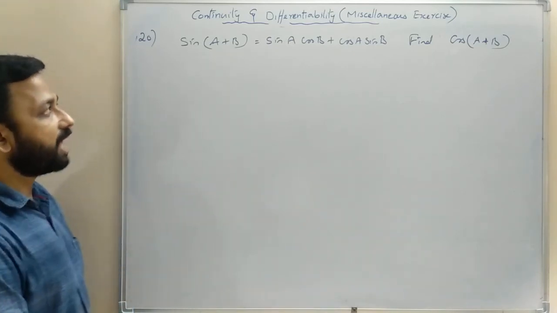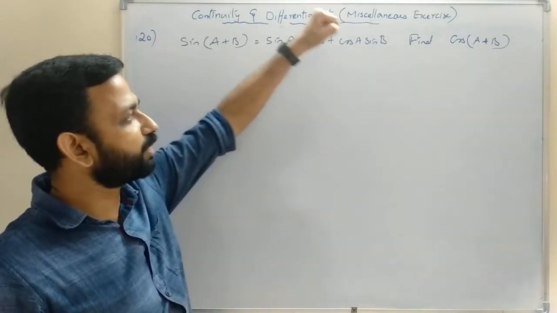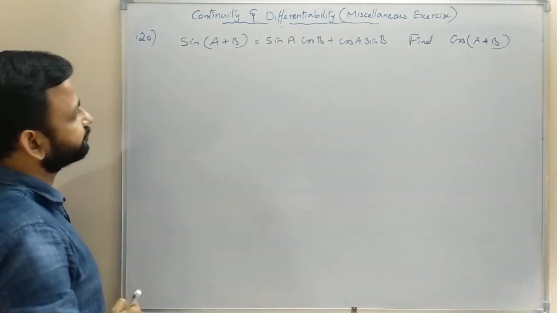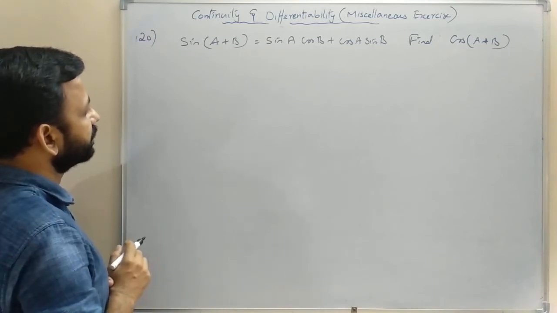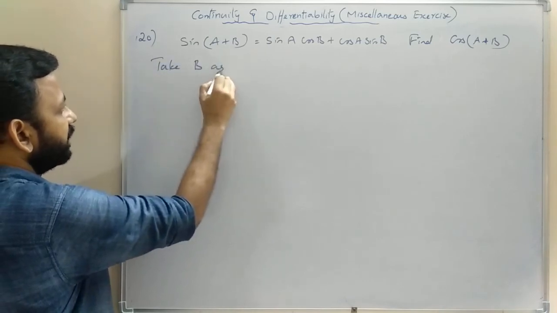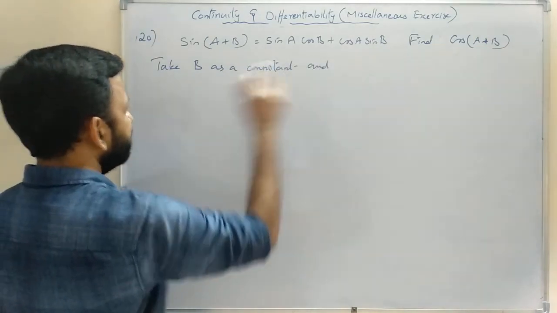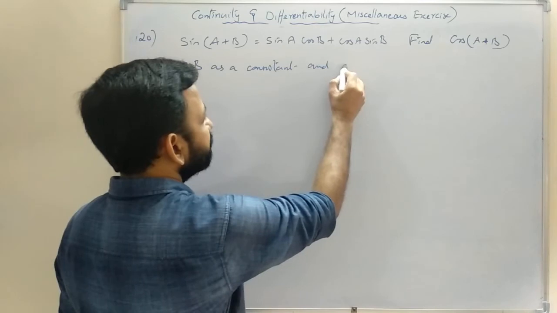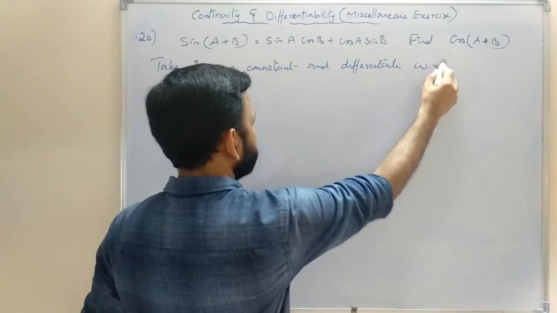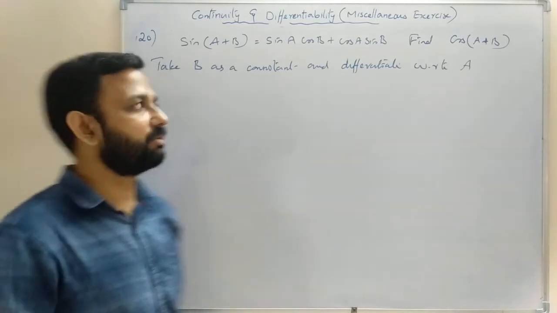We take B as a constant and differentiate with respect to A, so A is the variable and B is the constant.